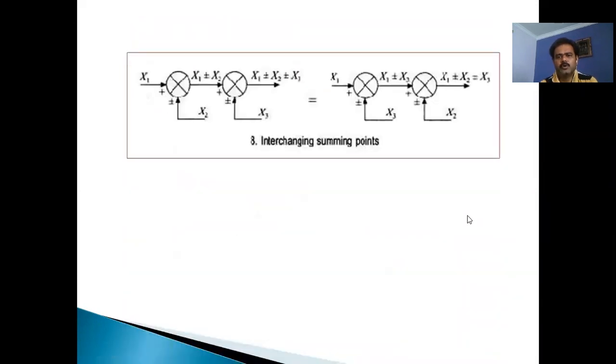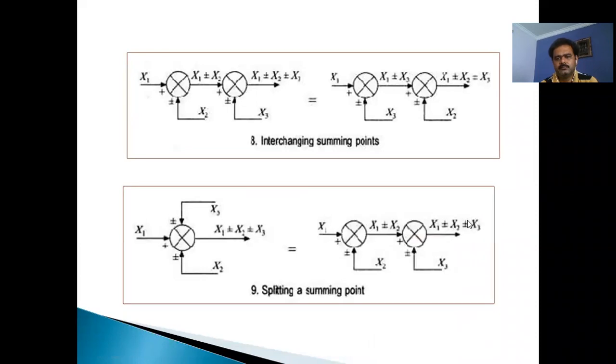So next, some more formulas are also there. Just by looking at this, we can interchange the summing points. Simply, the total value is not going to change.